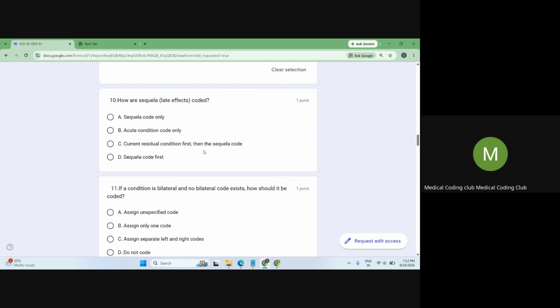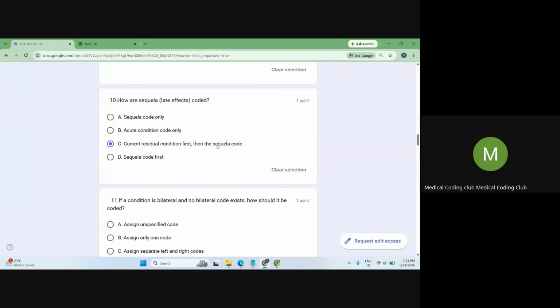That is an easy reference. First you code today's nature of effect, the scar. The L series will be coded as primary diagnosis, and the S code which comes from the burn, the T series code, will be coded as secondary diagnosis.